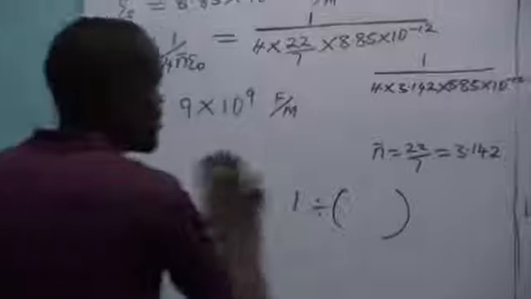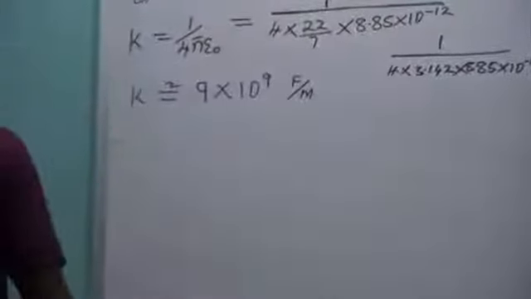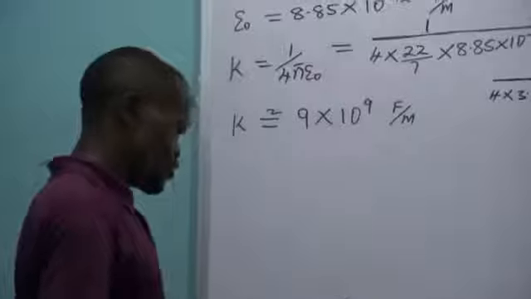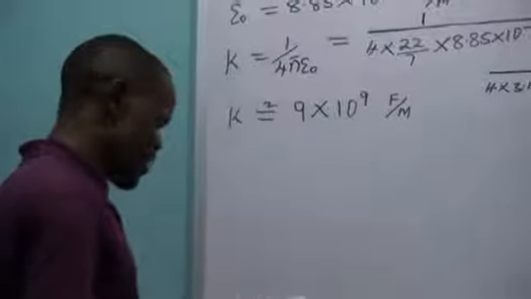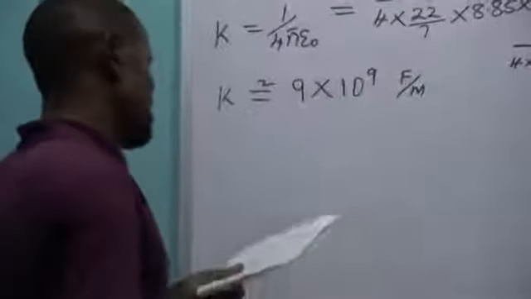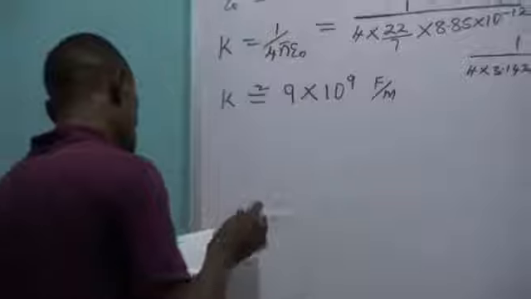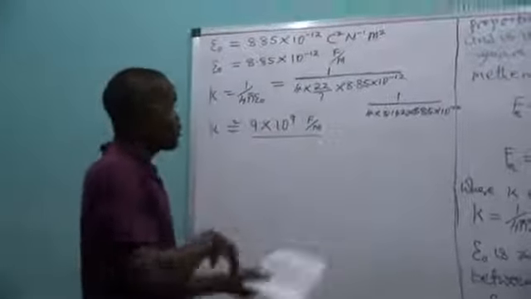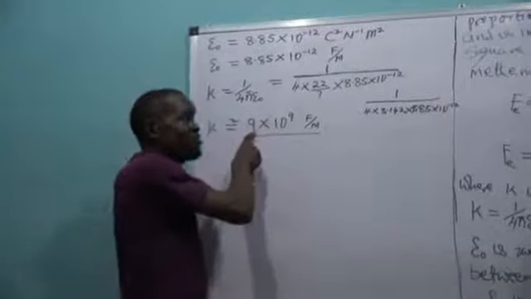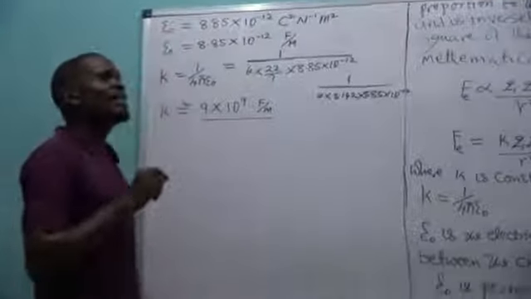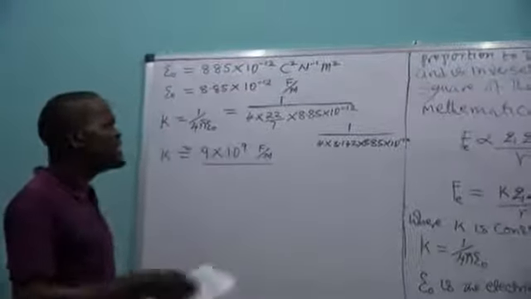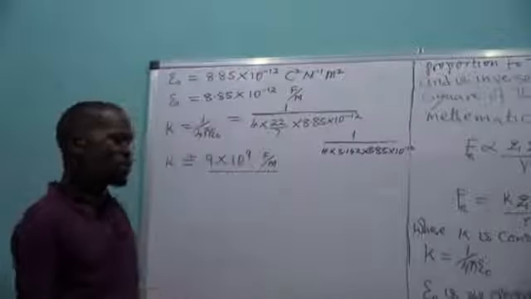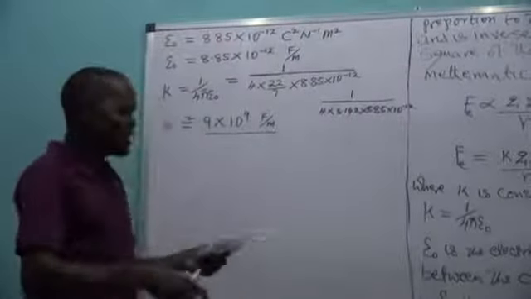So let us go to the one we have. Now, we have seen that K is approximately this. Therefore, whenever I want to substitute for the value of K, if they didn't give me the values, I can use this. Then what if this experiment is done apart from free air, in another medium, in a material medium?